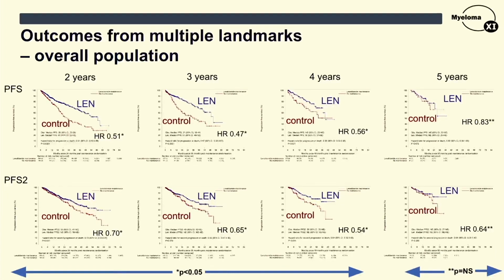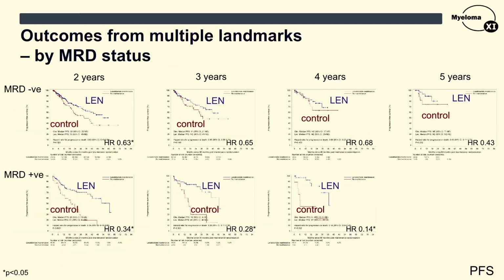So there's some issue with that kind of analysis, but suffice it to say, the conclusion that a lot of people took away from this talk was after 5 years of lenalidomide maintenance, it doesn't look like you're doing a whole lot better than people who stopped it. And if you are MRD negative, it also looked like maybe you're not getting as much lenalidomide benefit.